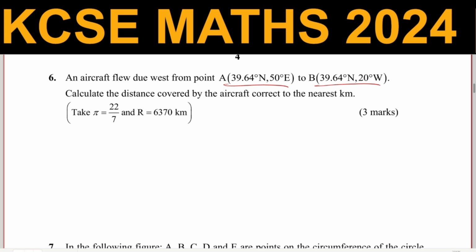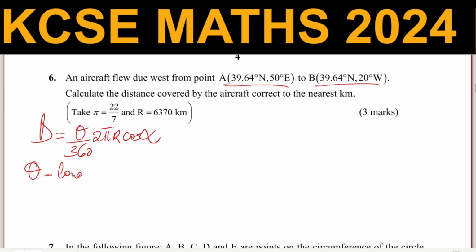Now after identifying that, how do you get the distance in kilometers between 2 points that lie along the circle of latitude? This is how you get it. Distance is given by theta over 360 multiplied by 2 pi r cosine alpha, where theta is the longitude difference between the 2 places, and alpha is the latitude angle.